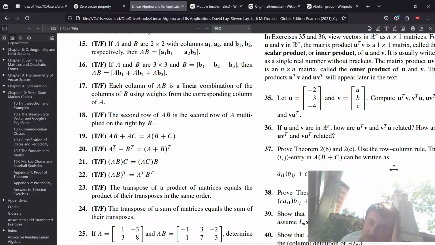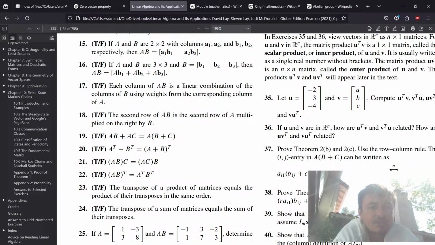Each column of AB, each column of A times B is a linear combination of the columns of B using weights from the corresponding column of A. That's also false, I believe.